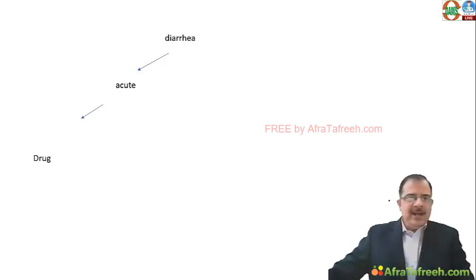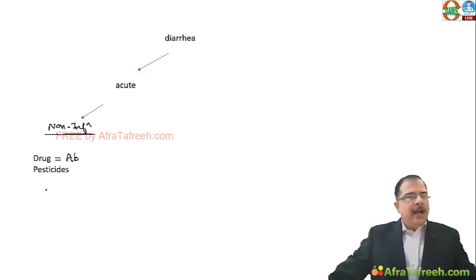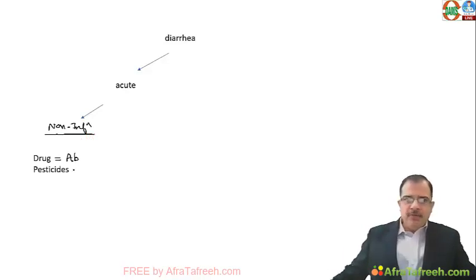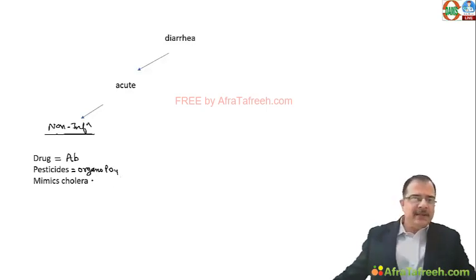Acute diarrhea can be non-infectious diarrhea, which is usually due to drug intake, mostly antibiotics. Pesticide, it is organophosphorus. What mimics a cholera-like illness? It will be arsenic.